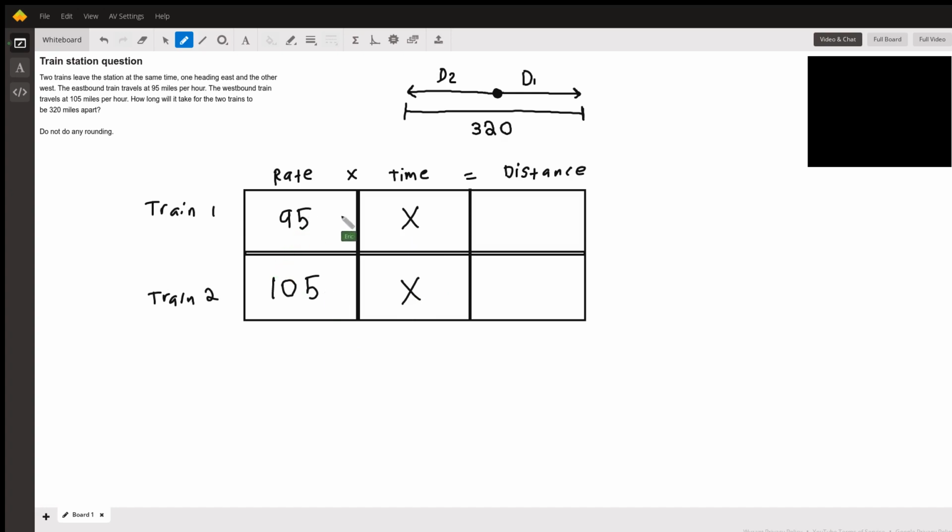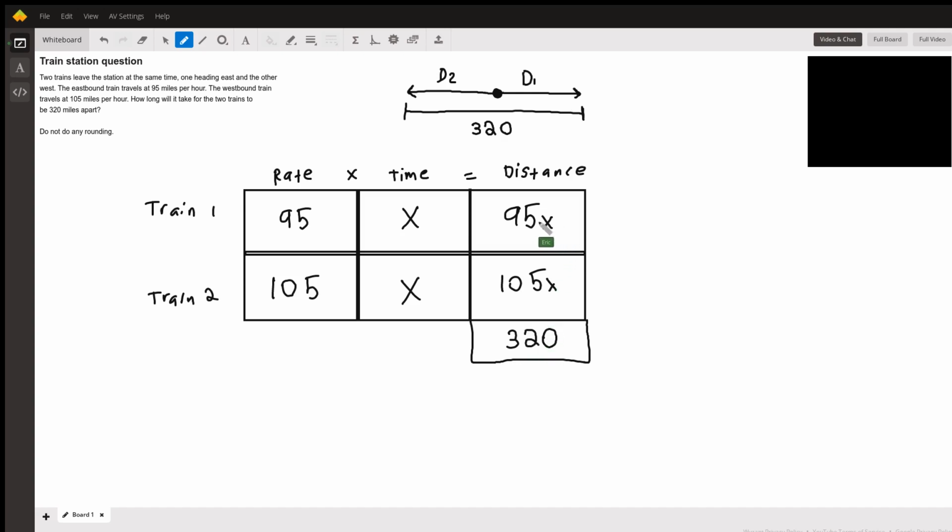Now multiplying our rate times our time, we have 95 times x to get 95x, and 105 times x to get 105x. Now let's set up a little box down here to represent the total 320. That's the distance they are apart after some number of hours.